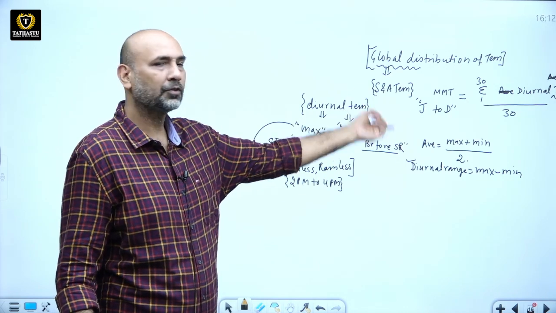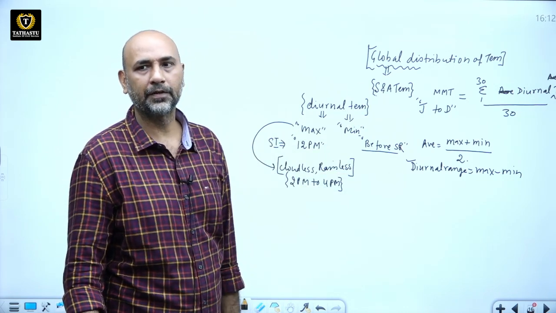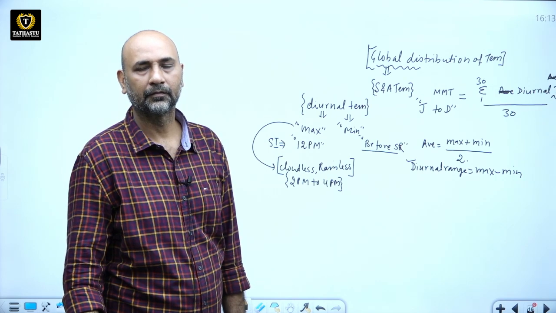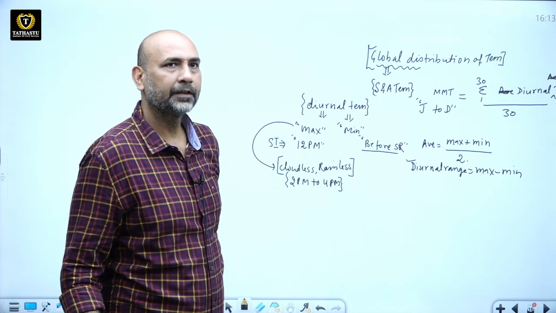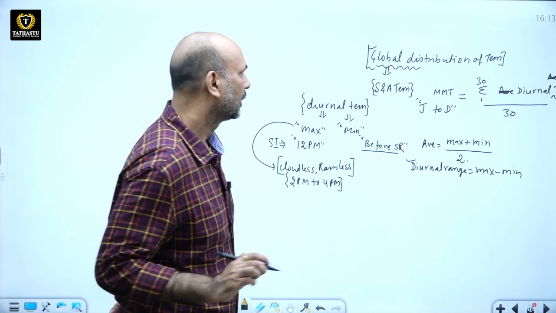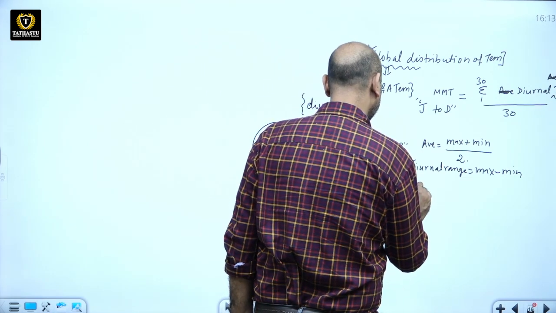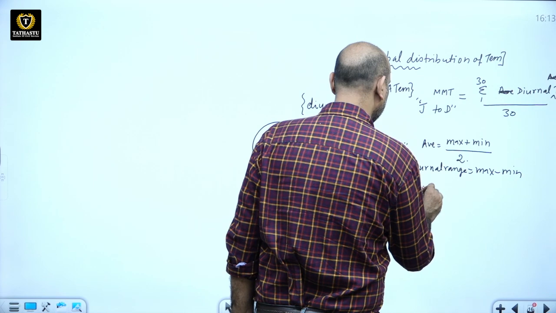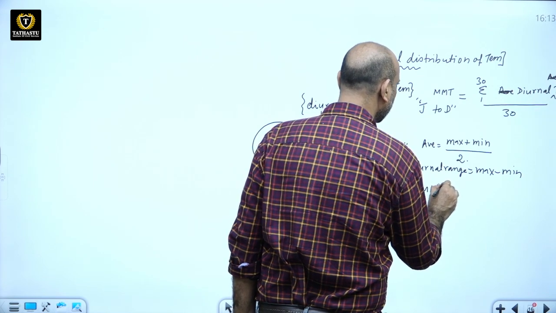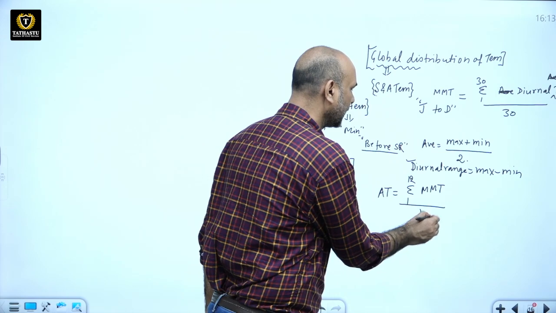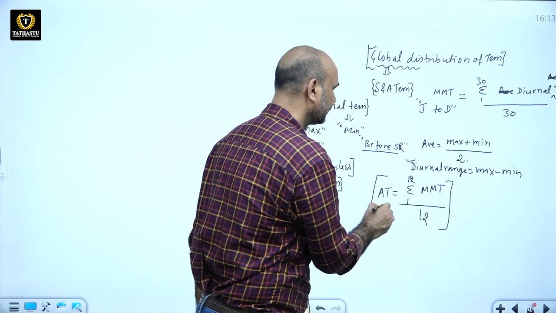Because if you don't understand this, then the distribution of temperature is going to be difficult. Got it? Now, annual temperature is the addition of mean monthly temperature of 12 months divided by 12. That is called annual temperature.